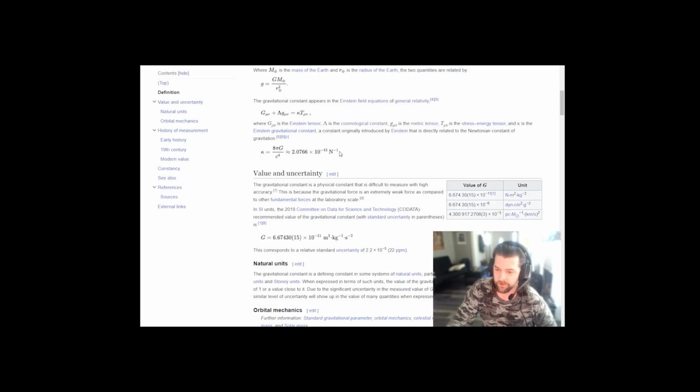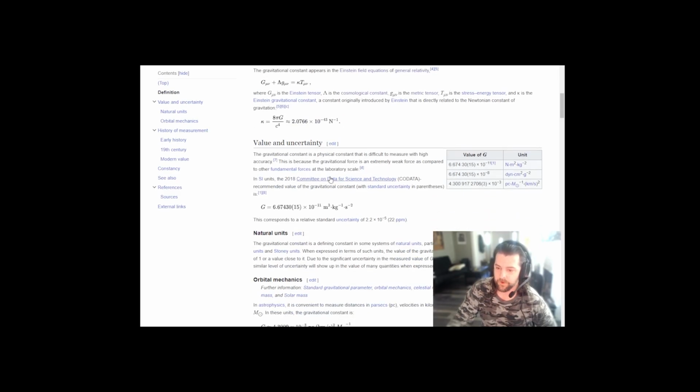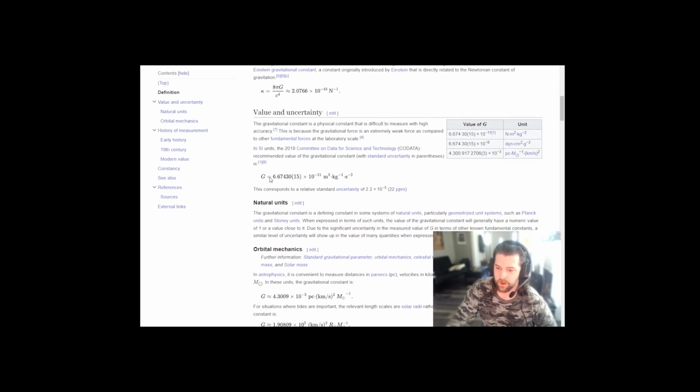But this number, which is an unfathomably small number, right here, a very small number, is basically just saying that for every kilogram of matter you have, this is how much force, or the modifier, that it is going to put out per kilogram of gravity.